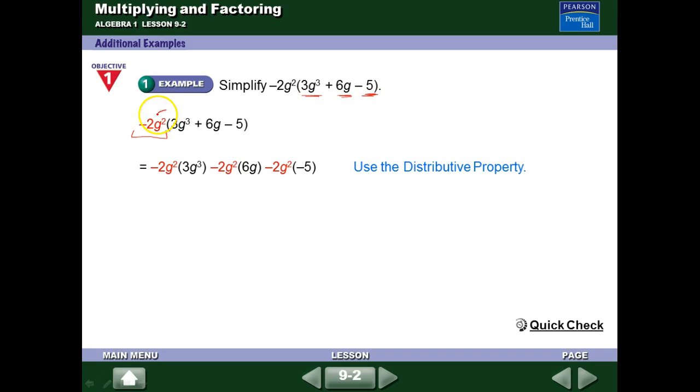First, which we can see happens here, second, we're going to distribute to this -6g, and then the last one, taking this entire -2 times g squared, all of it to -5.